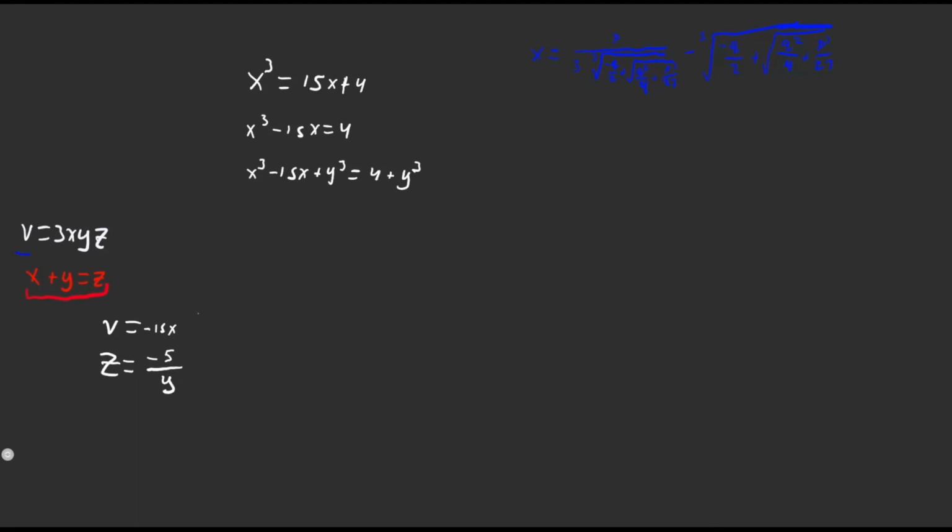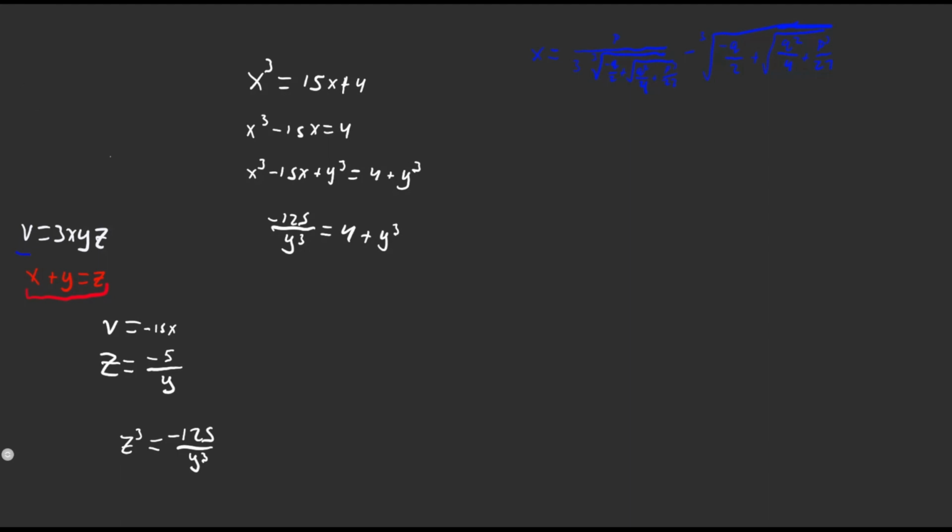And now what we will go ahead and do is solve and replace the left side by z. So we get z cubed, which is equal to negative 125 over y cubed, where we just replace that up here. It's equal to 4 plus y cubed as well.